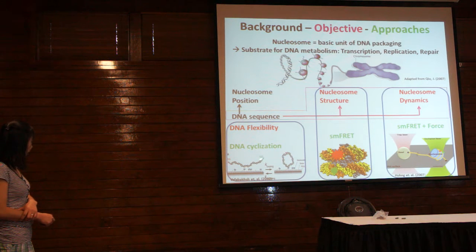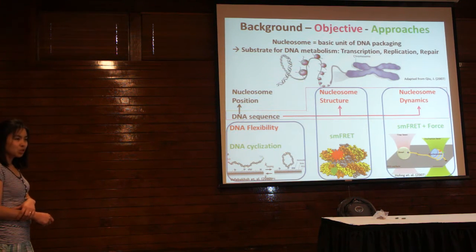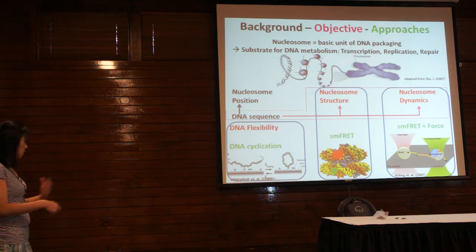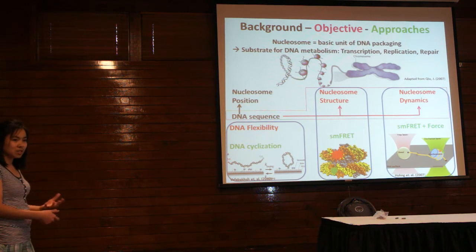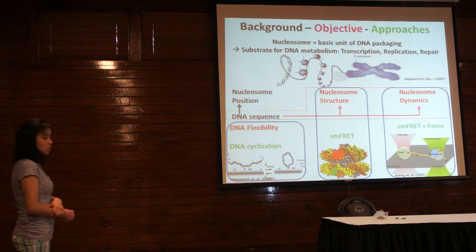If it is in a linear form, you have a low FRET. But there is a chance for the loop to form, and then the 2 dyes are close to each other, so you have a high FRET. By looking at how fast this loop is formed, you can correlate it to how flexible the DNA is.